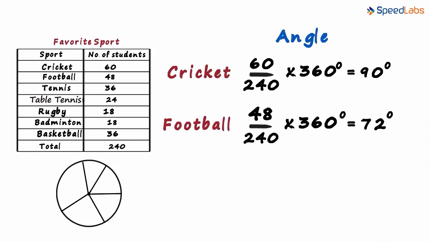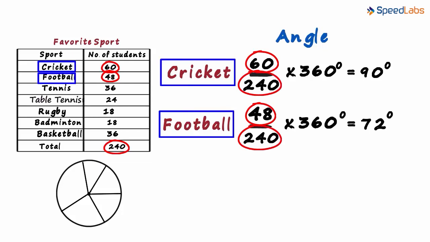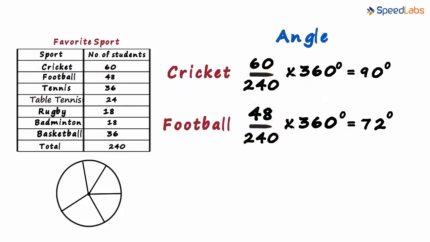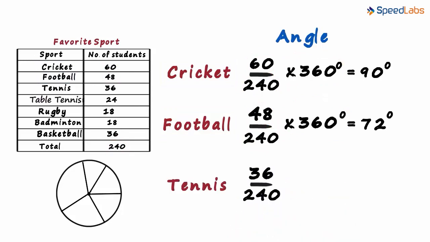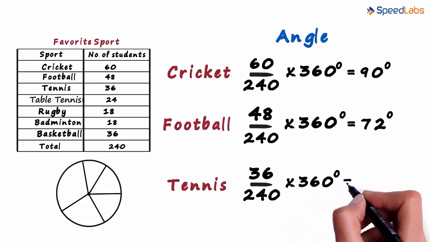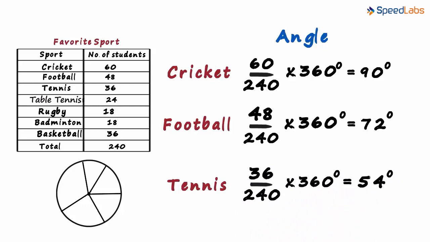What we're essentially doing is dividing the number in each category by the total number of students and multiplying it with 360 degrees. Tennis would be 36 by 240 multiplied by 360 degrees, which will equal 54 degrees.